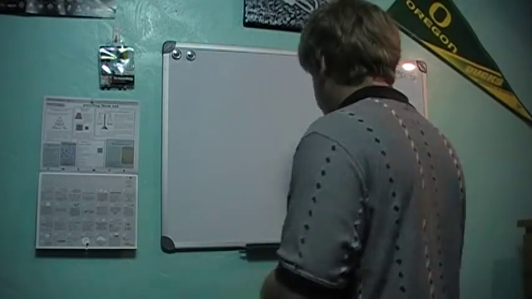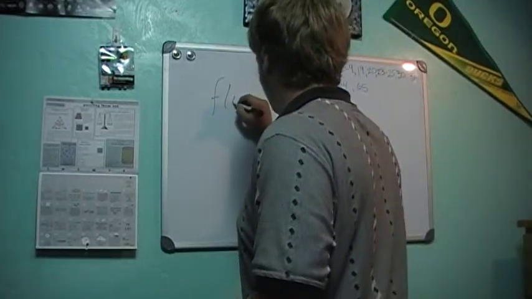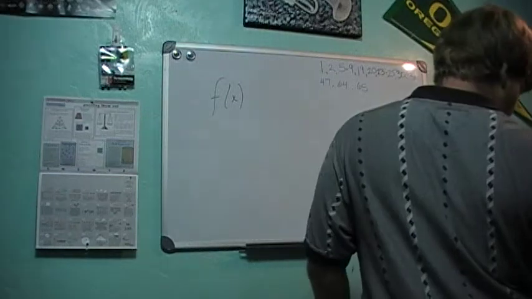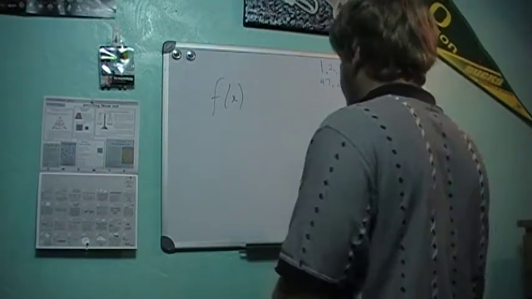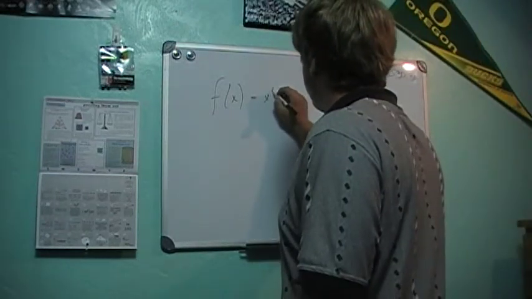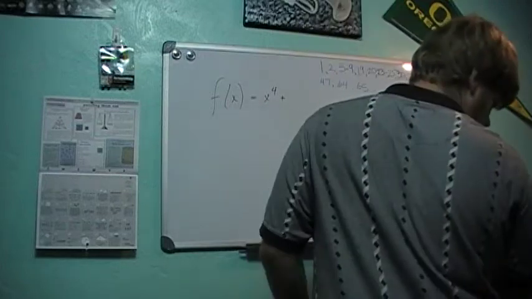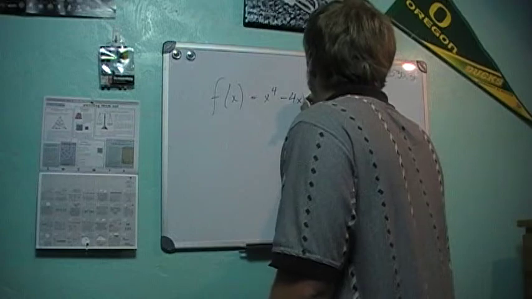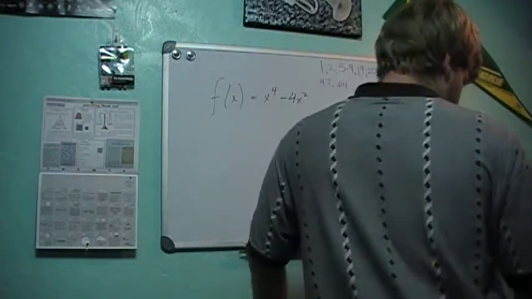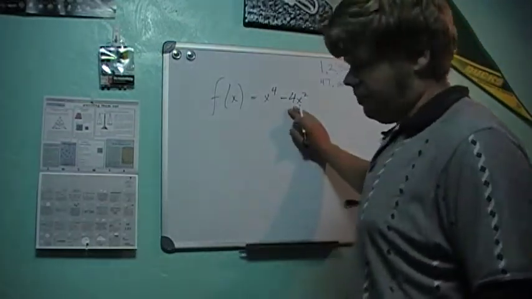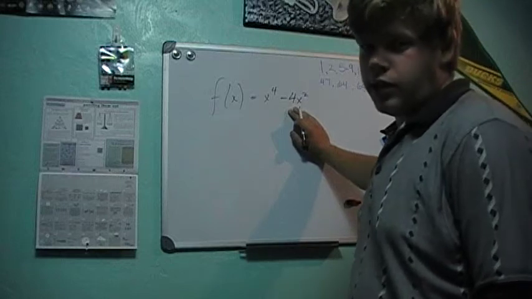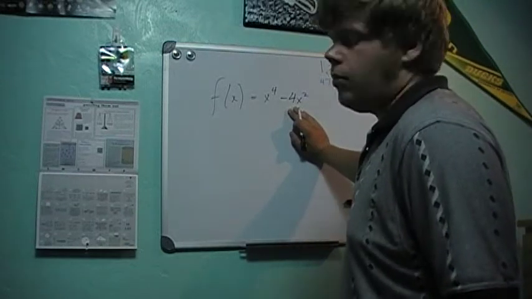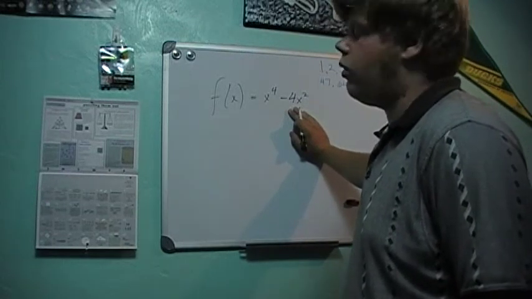64. f of x equals x to the 4th, no, minus, my bad, minus 4x squared. So, Broyhill taught us a nice little trick to discover whether it's even or odd.